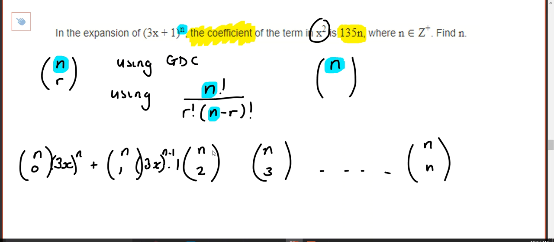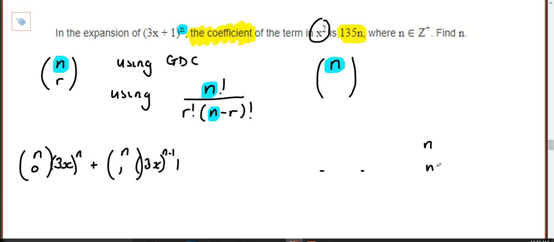Wait, I remember this. So this is what we've been working on, the binomial expansion stuff, yeah? It's a times. It'd be 1 to the power of 1, okay? Plus, then it would be n2, then 3x to the power of n minus 2 times 1 to the power of 2.